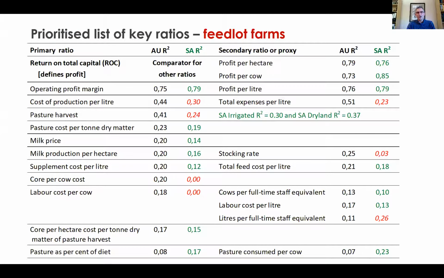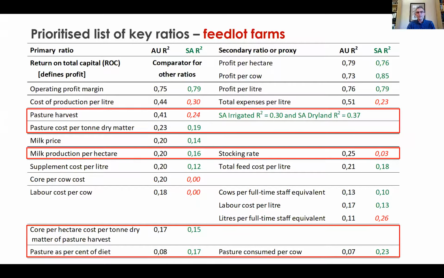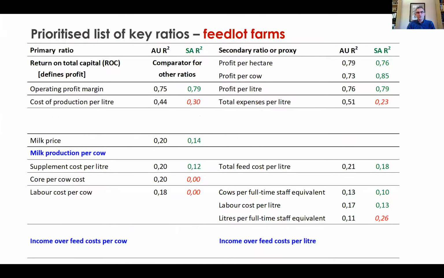Now I'd like to have a go at converting the pasture-based ratios to those that would apply to feedlot farms. All of these highlighted ratios would need to be dropped. With the revised feedlot list, including milk production per cow, unlike for pasture-based farms, and potentially income over feed costs, it is logical to include milk production per cow.